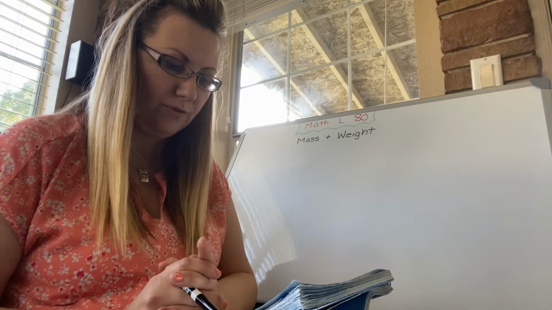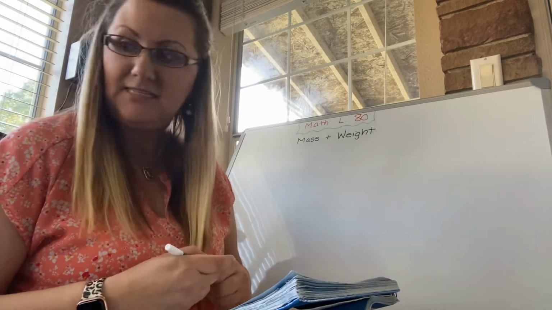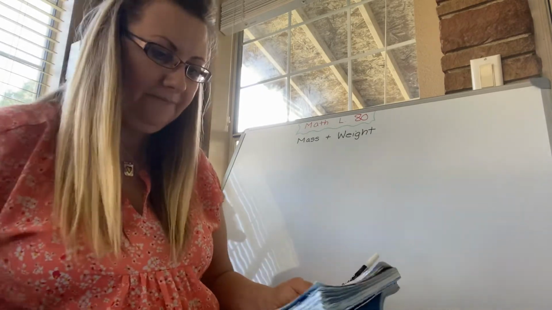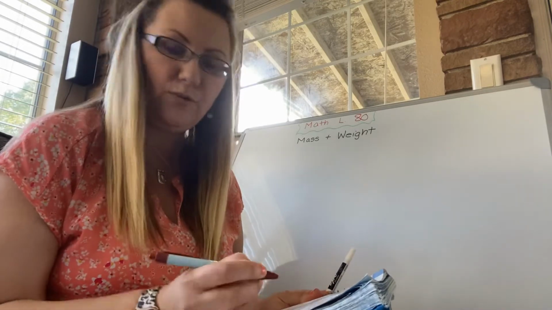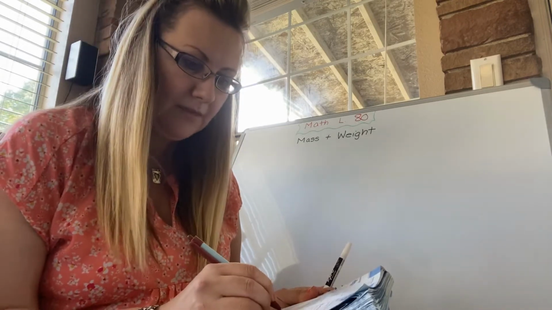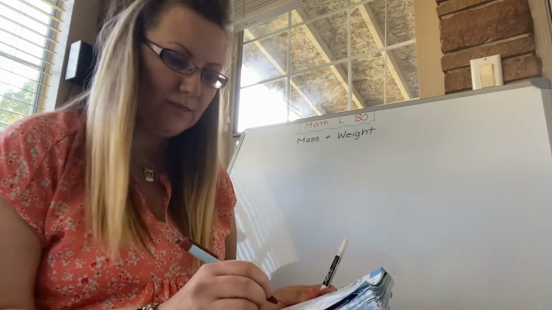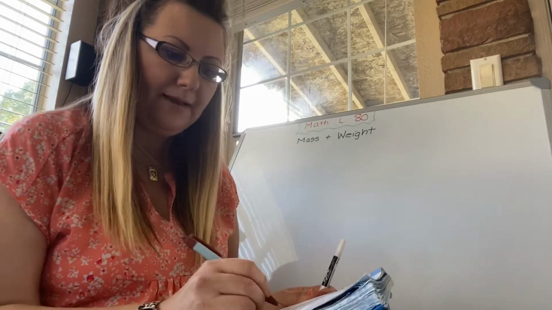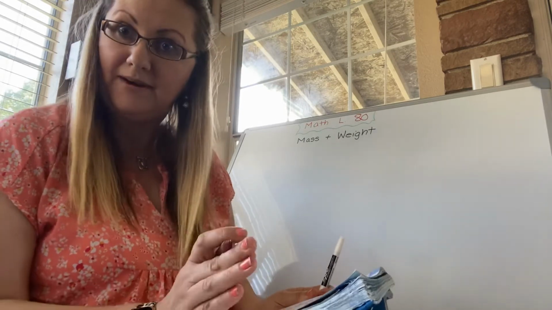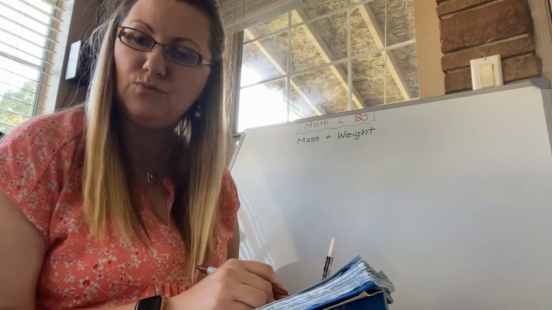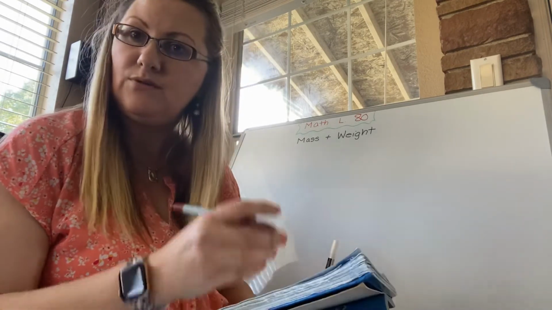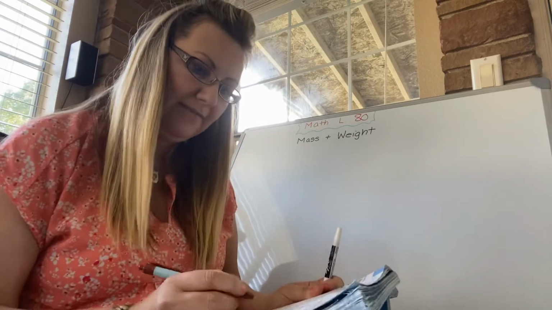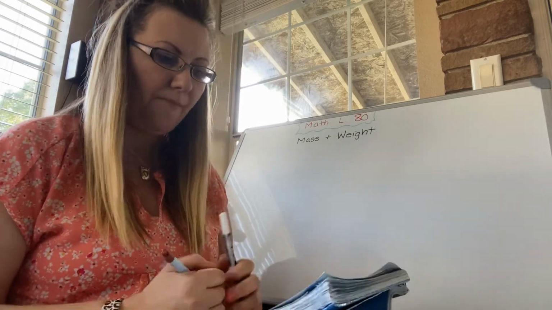The square root of 16 is 4, minus the square root of 9, which is 3. 4 minus 3 is 1, compared to 1 squared, or 1 to the second power, which is 1 times 1, is 1. So it's 1 compared to 1, and of course those two are equal.